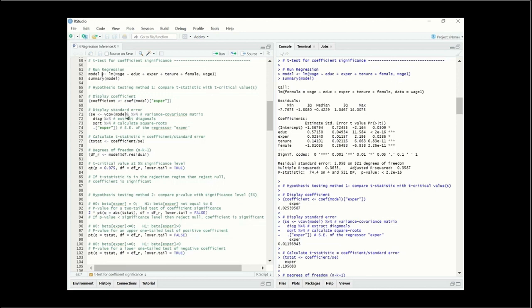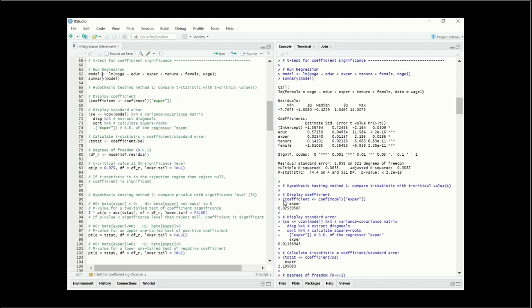To display the standard error, this is a little bit more complex here. So the standard error here would be the variance covariance matrix of this model above. We are going to be extracting diagonals and then calculating square roots. And then here, this would be for the coefficient on experience. So this long code here would give us the standard error.